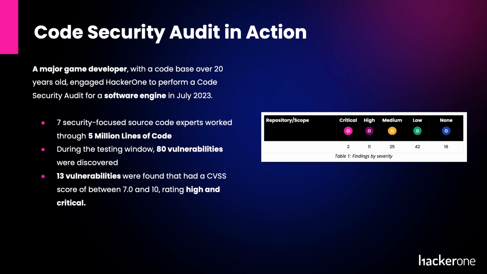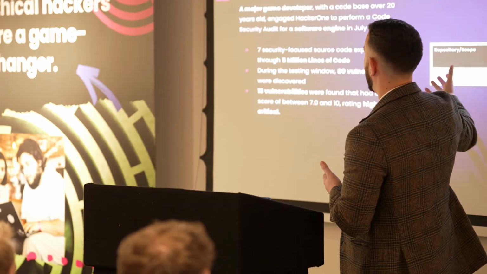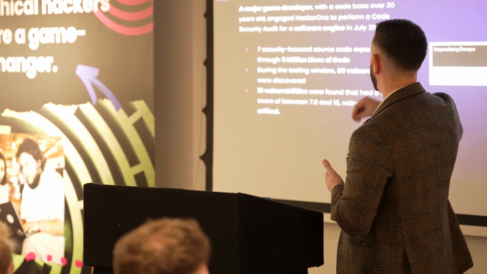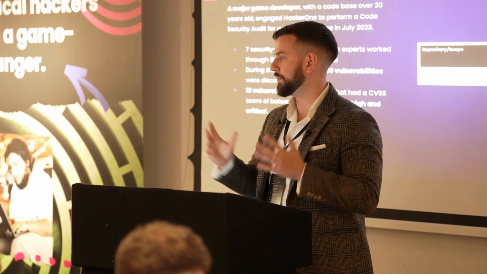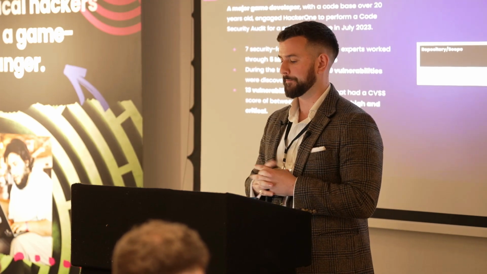Now, if you're a bug bounty user, you'll know how, 80 bugs in a bug bounty with 13 highs and crits, that's going to cost a lot of money. That's going to cost a serious amount of money. So what we're saying here, by front loading, they actually found 80 bugs for a fixed fee, one-time check to audit the entire code base.